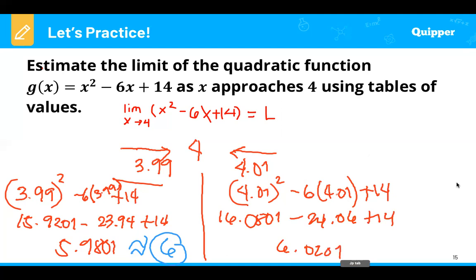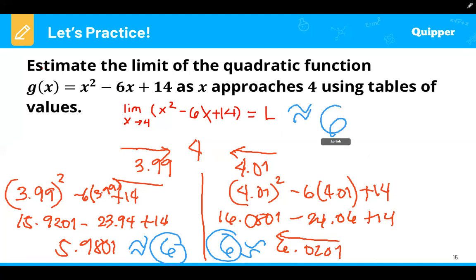That is from the right. This is also approaching 6. So as you can see, as we already solved those two values of x in the table of values, the limit is 6.